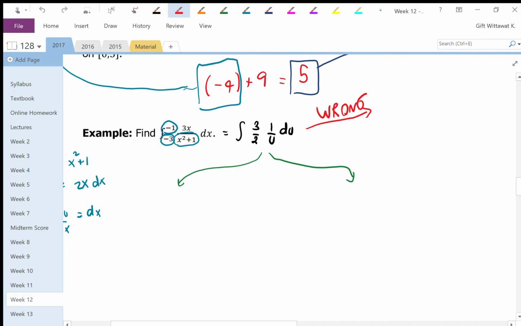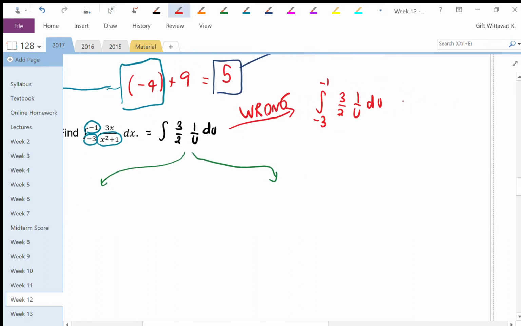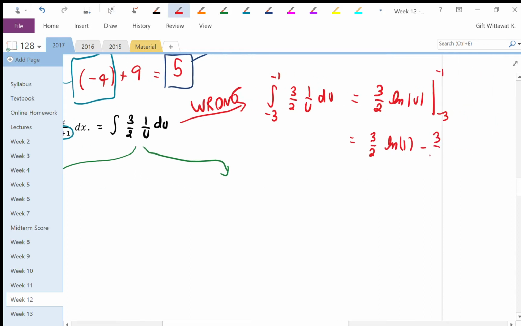So let's integrate this whole thing from -3 to -1 of 3/2 times 1 over u du. The integral of 1 over u is log of u, going from -3 to -1. So I get 3/2 log of absolute -1, which is log of 1, minus 3/2 log of 3.